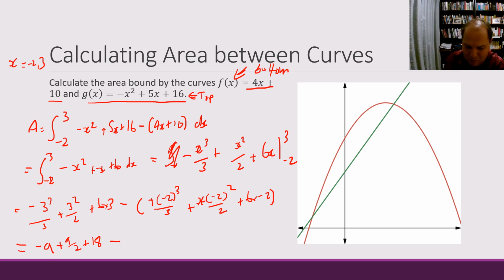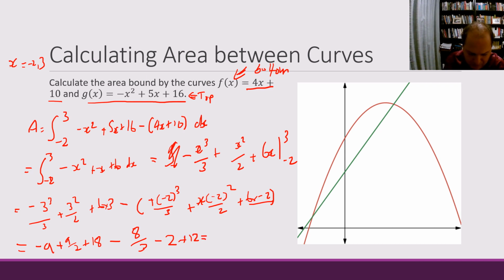That negative at the front will make it a positive, and then minus that, so minus 8 on 3. -2 squared is 4. 4 over 2 is 2. And then 6 times -2 is -12. But that negative out the front makes it plus 12.